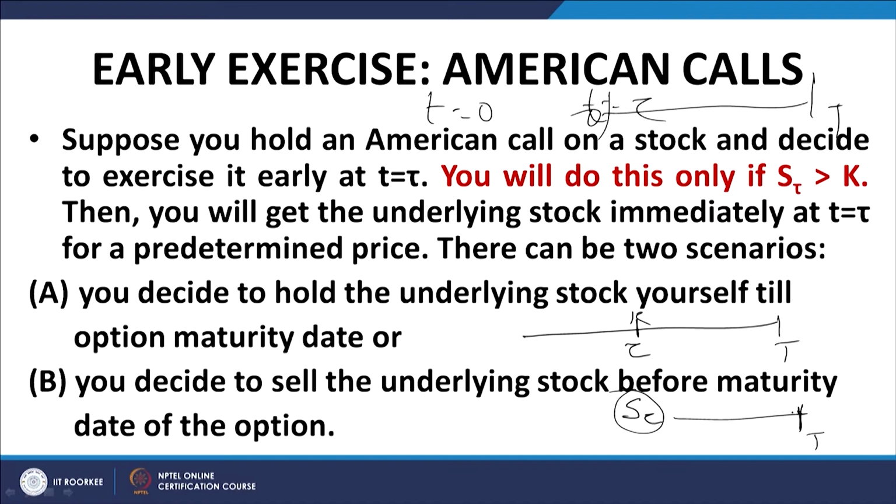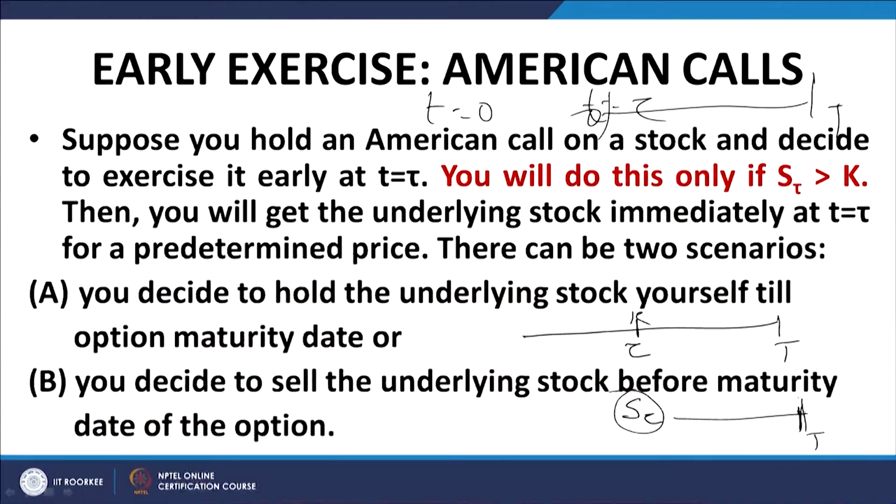And the first option is you do not sell it in the market, you hold it. Let us talk about the first case first. In the first case, you are holding the stock up to maturity. So, as on the maturity, what is your portfolio? Your portfolio comprises 1 unit of the stock.